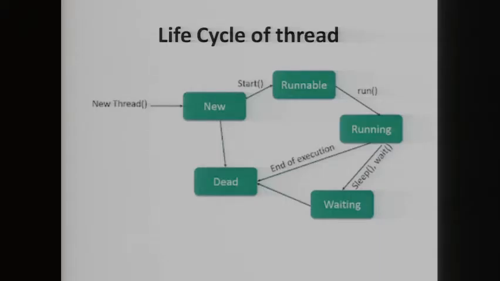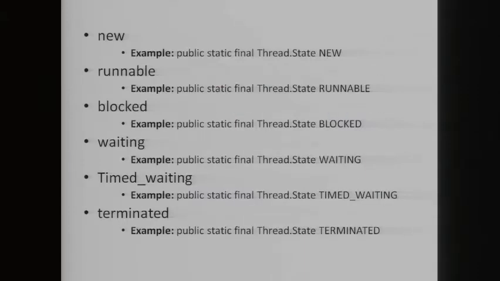The java.lang.Thread class contains a static State enum which defines its potential states or phases. And in Java, to get the current state of the thread, we can use the Thread.getState method, and that has the following values.